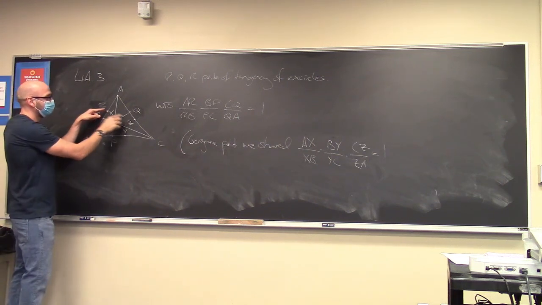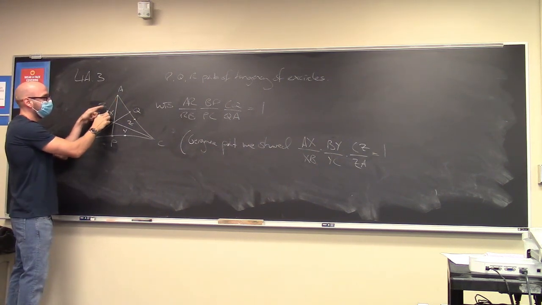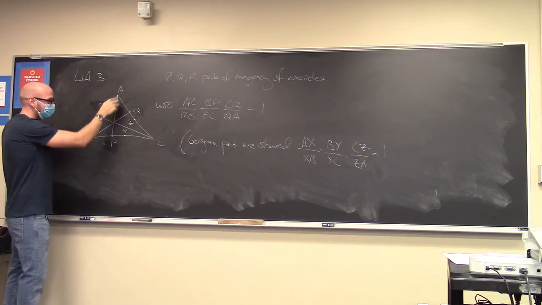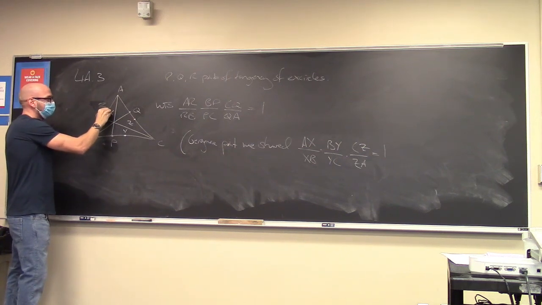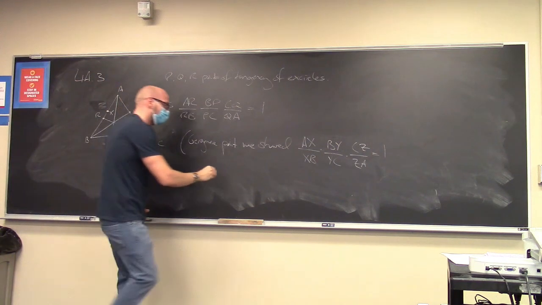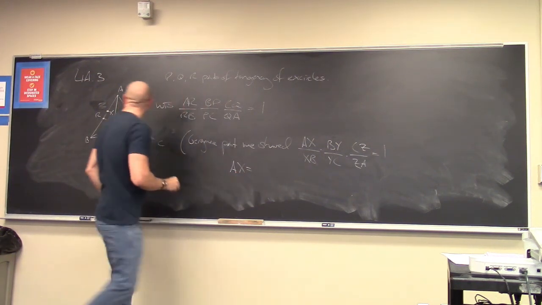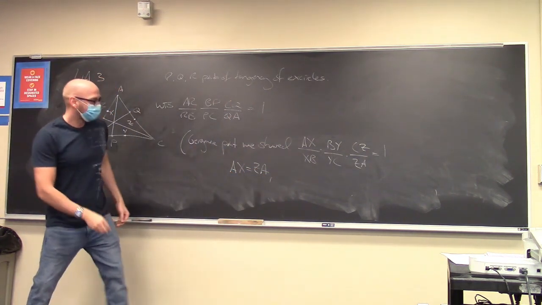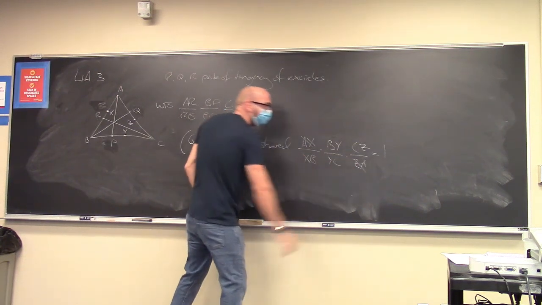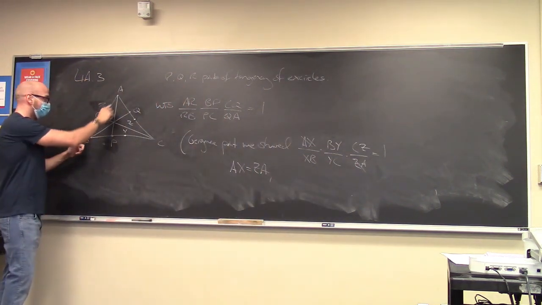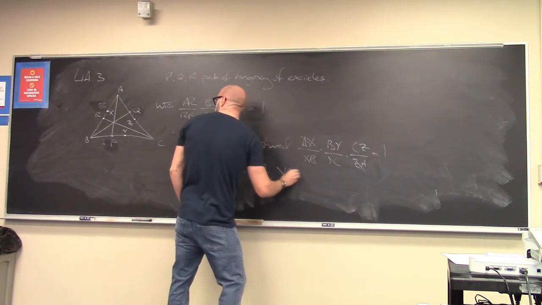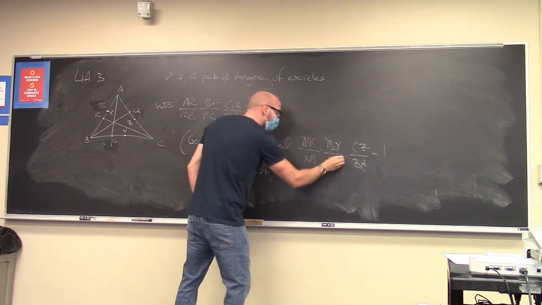For these points of tangency of the incircle, I know, for example, AX equals AZ. That's a true fact about these so-called in-touch points, that these distances, AX must equal AZ. Doesn't look like it in this picture, but AX equals ZA. What does that mean? That means that when I'm computing this product, those guys cancel. I also know BX equals BY, or XB equals BY, so those guys cancel.